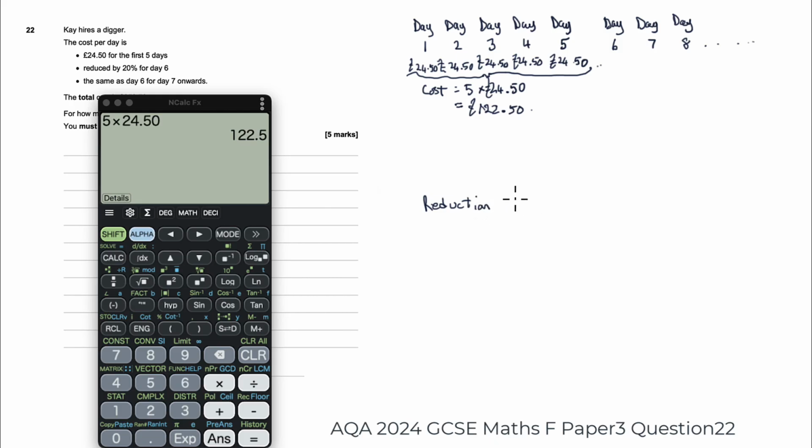One of the ways is to just straightforwardly work out 20% of £24.50 and then take that away because it's a reduction. We do 20 divided by 100, that's what 20% means, and multiply the £24.50 by that. And that'll give us the reduction, which appears to be £4.90.